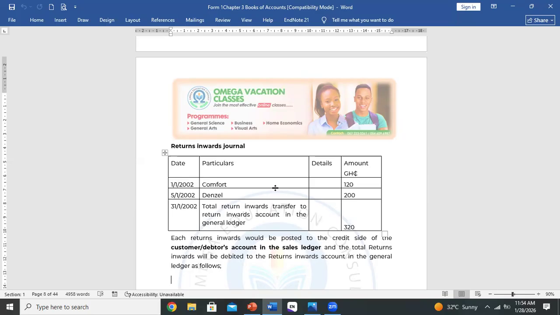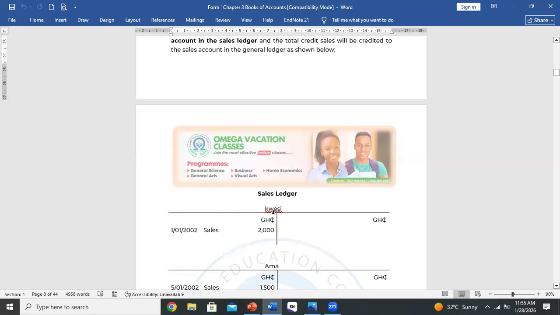So for example, in what we did, let me go back to the sales. If it so happens that there was a return invoice from Kwesi, Kwesi's account is already in the sales ledger. So we'll post that return invoice into this account.